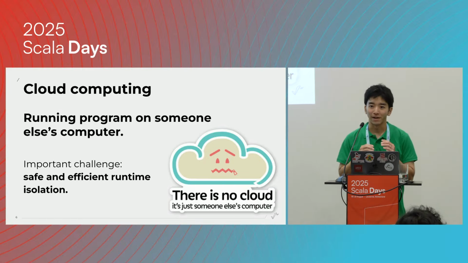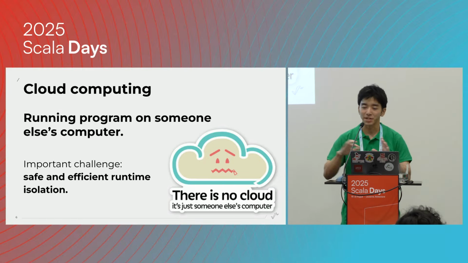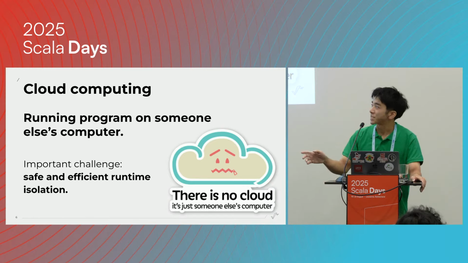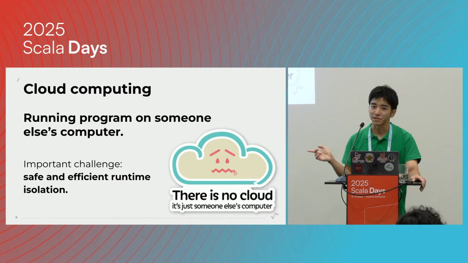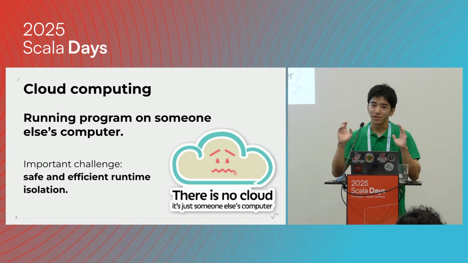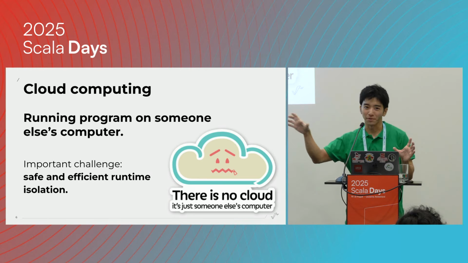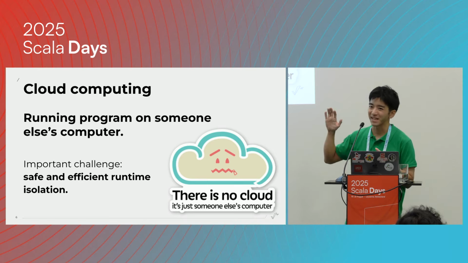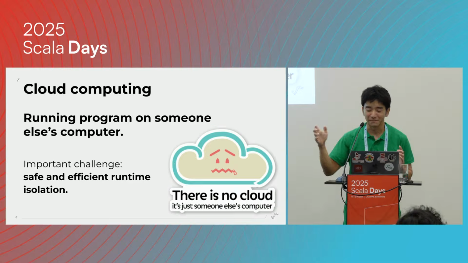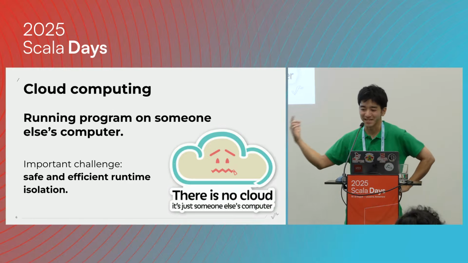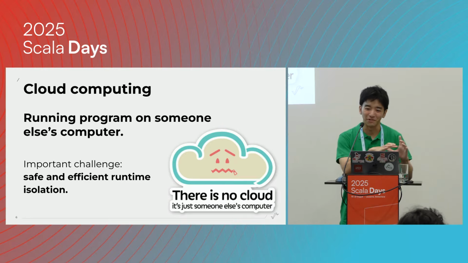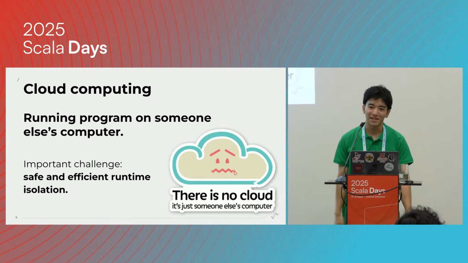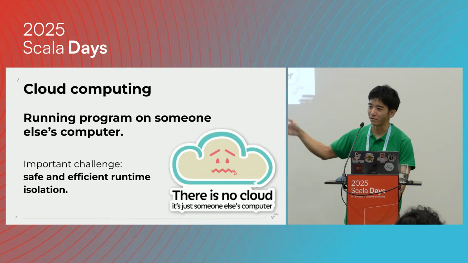And when we run a program on someone else's computer and share the resources with other people, the important challenge is safe and efficient runtime isolation, because you don't want other people's programs running on the same computer to read or write your program's data or memory, and of course other programs running on the same computer shouldn't crash the whole computer, and your program shouldn't break. So all the programs should be isolated.